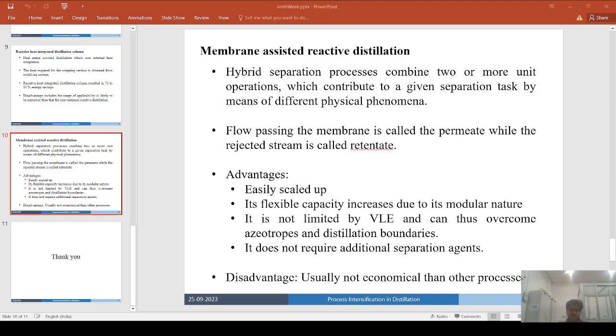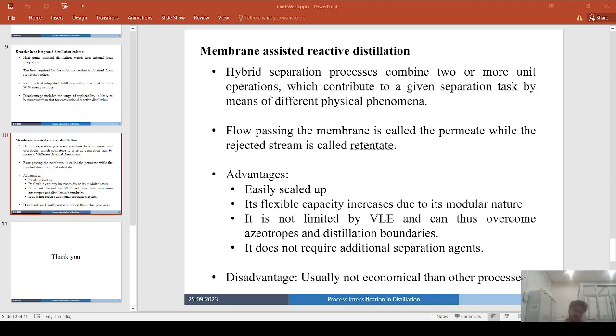So now, the advantages of MWARD, or microwave assisted reactive distillation. By means of microwave irradiation into the reactive distillation column, the reaction rate for a slow reaction can be enhanced.